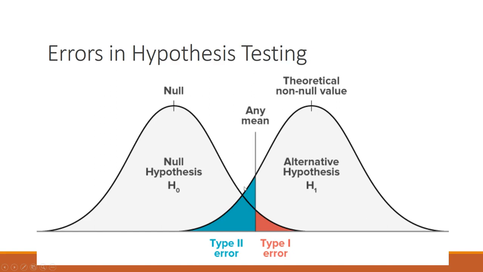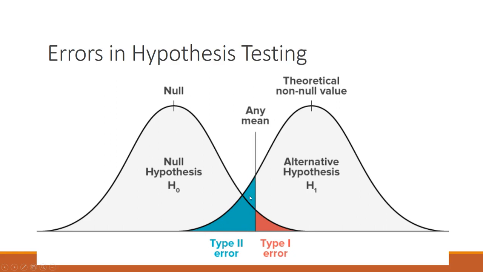What's the probability of committing that type 2 error? That is the space underneath the distribution for the alternative hypothesis and to the left of the cutoff. So that's this blue space here. This blue space is the probability of committing a type 2 error.